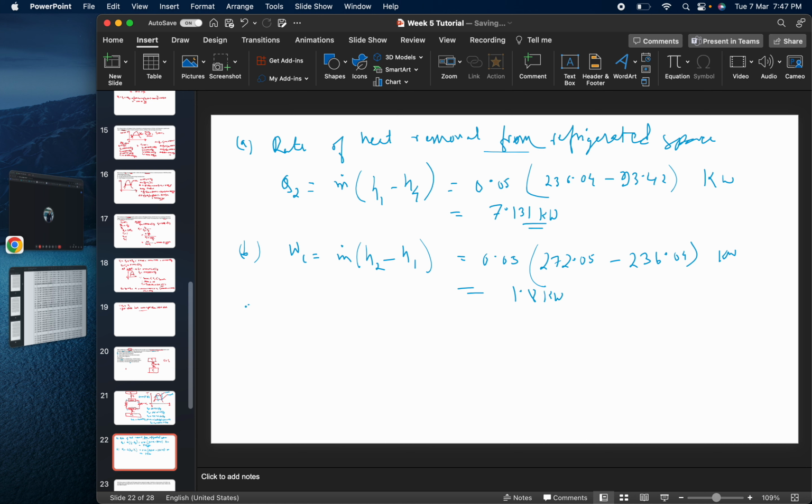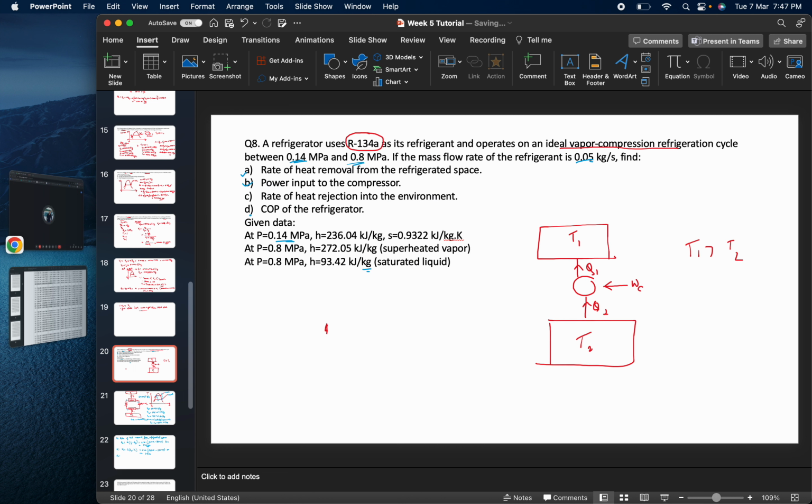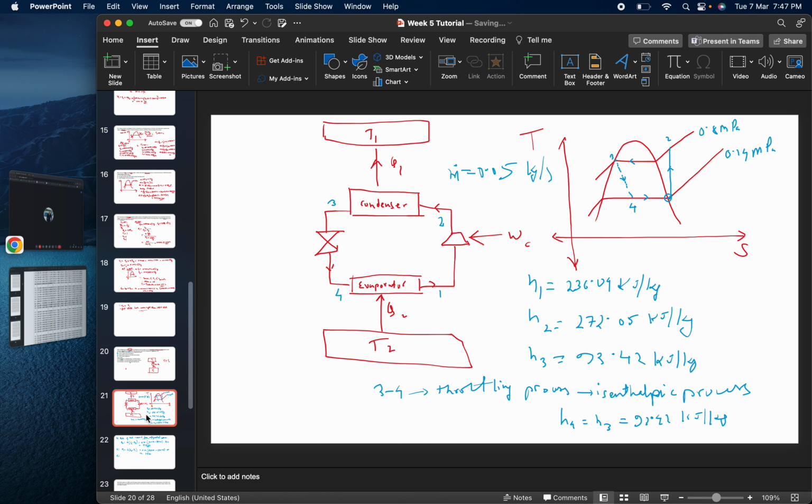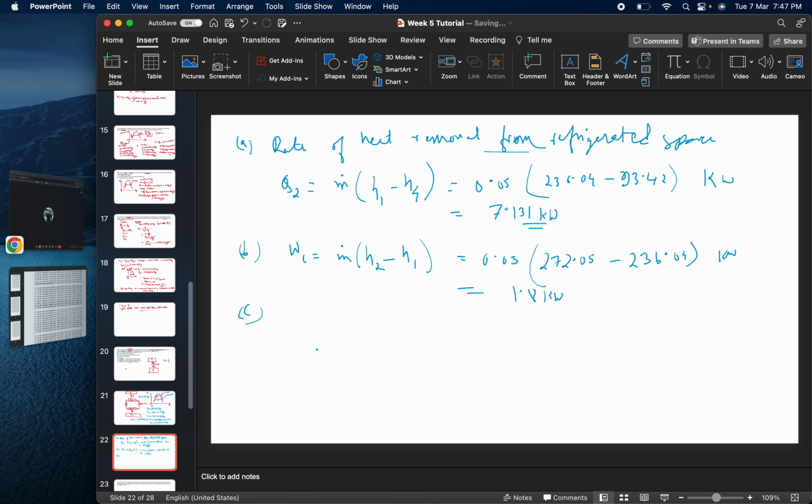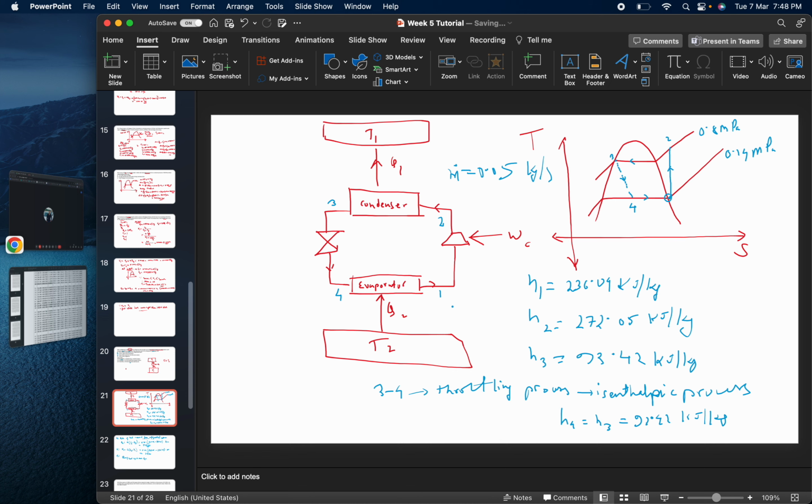Next, you need to calculate the rate of heat rejection to the environment, that is Q1. Q1 is basically m dot times H2 minus H3.